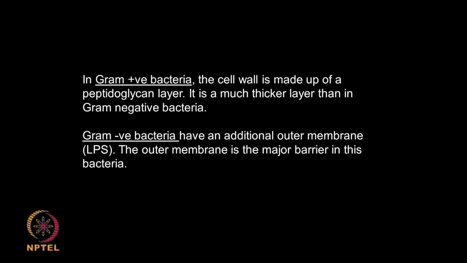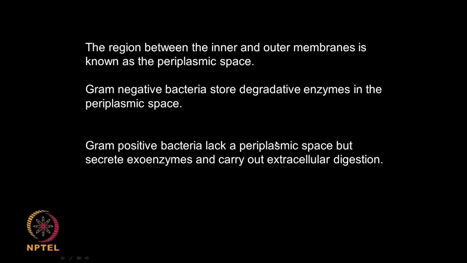That is why gram negative bacteria are much more resistant to antibiotics because of the presence of this outer membrane. Whereas gram positive bacteria have the peptidoglycan layer and they do not have this lipopolysaccharide outer membrane.